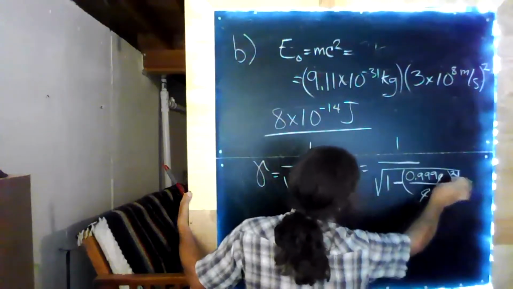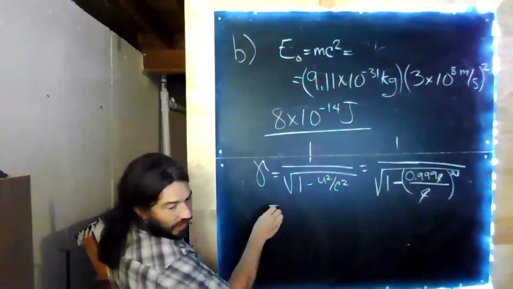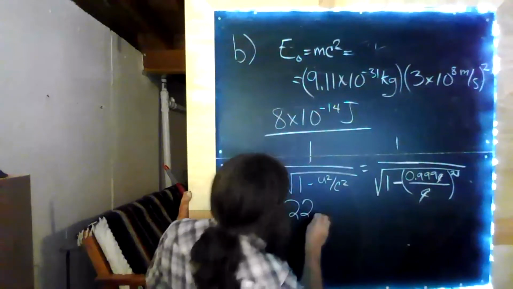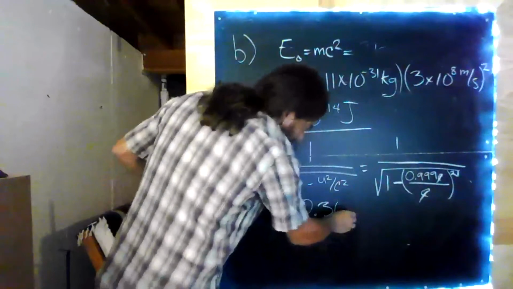Our c's cancel, and we square it there. When we get gamma, we end up getting 22.36. So gamma is 22.36.